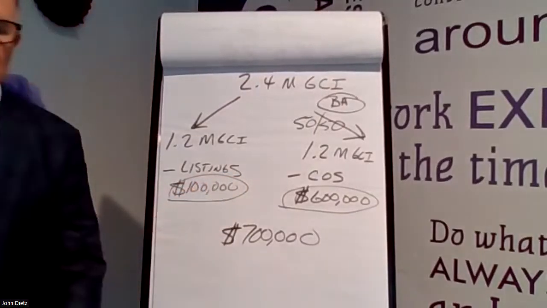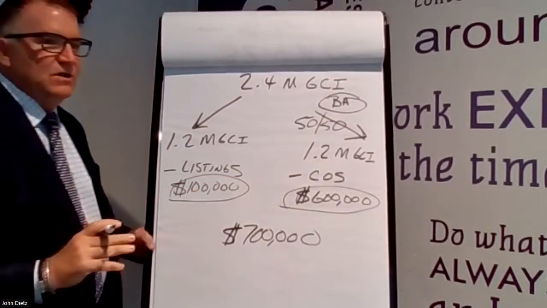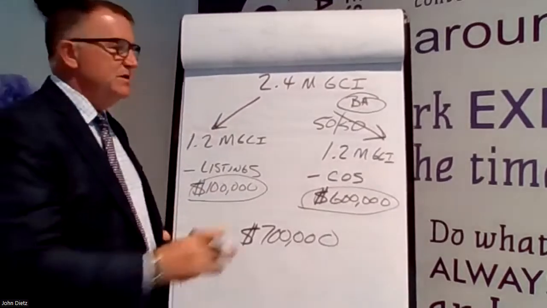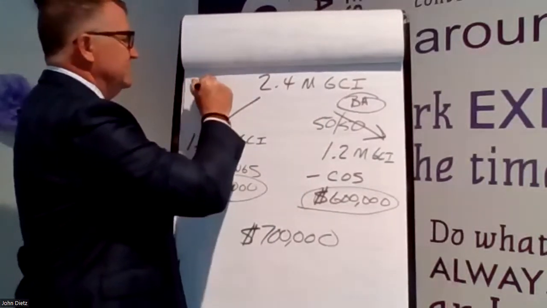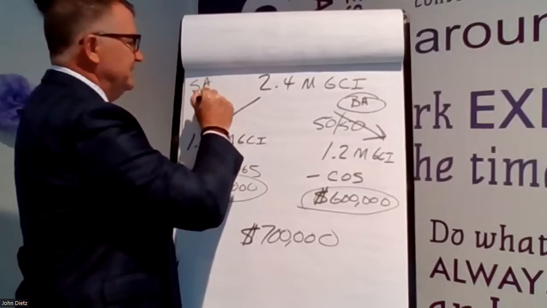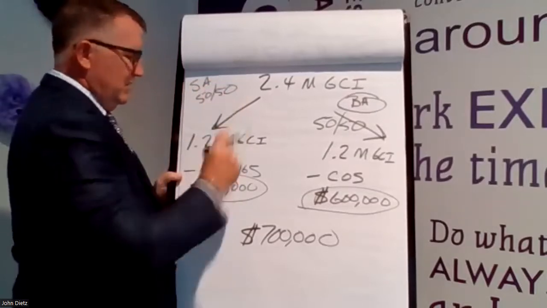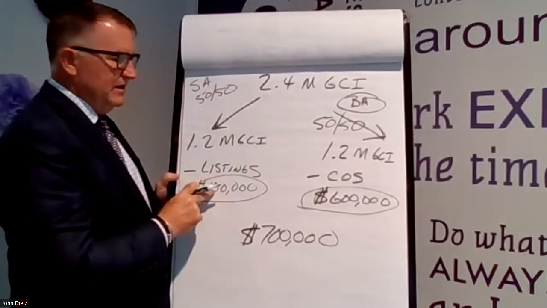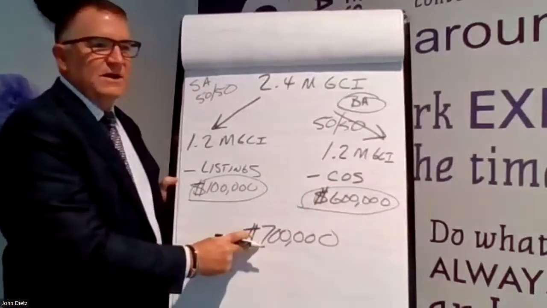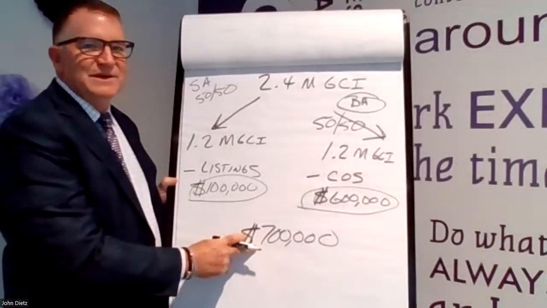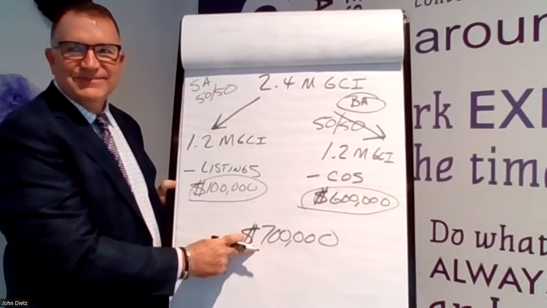I'm going to pause for a moment and ask you: if everybody on your team was on a 50-50 split, if you had seller agents on a 50-50 split and you're paying $600,000 over here and $600,000 over here, what's your cost of sale? It's $1,200,000.